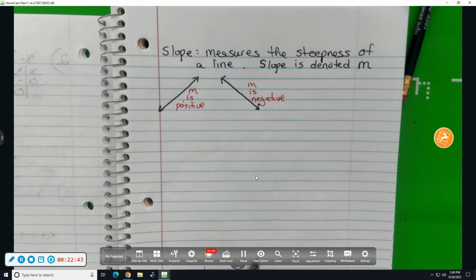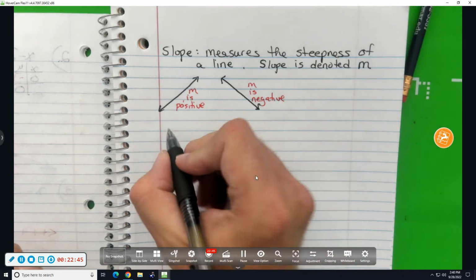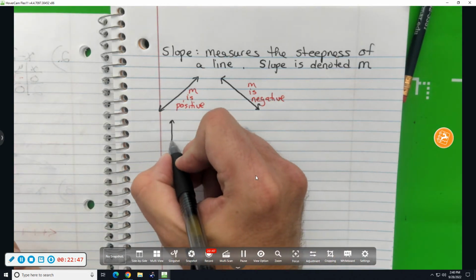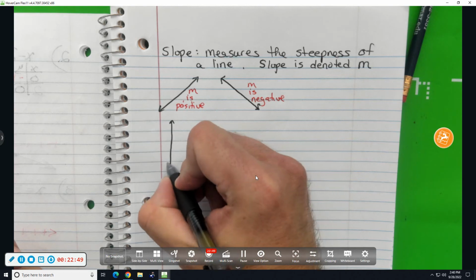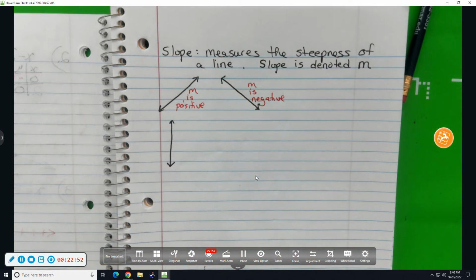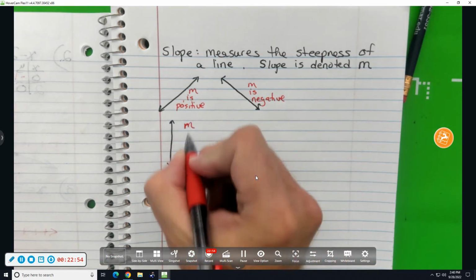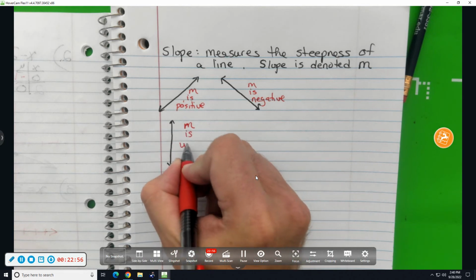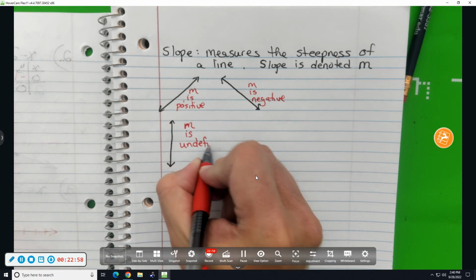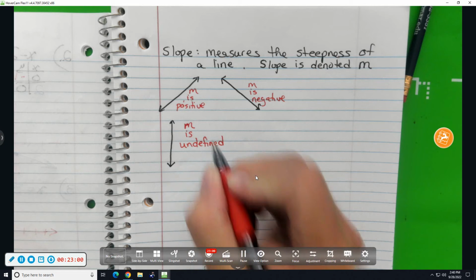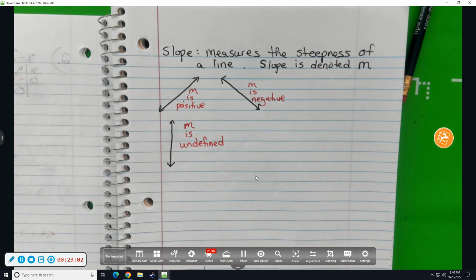Then a vertical line has a slope that's undefined. And we've seen that word undefined this semester in regards to fractions.